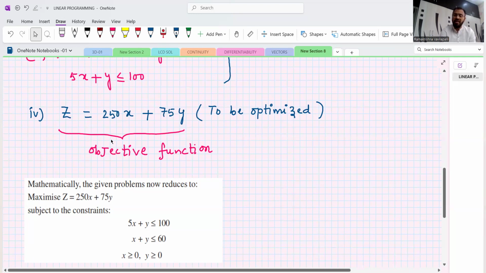So our profit function is 250 into x plus 75 into y. This is known as the objective function to be optimized. Optimization is nothing but either you minimize or maximize the function.